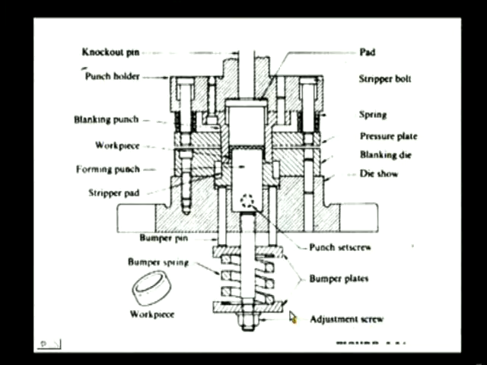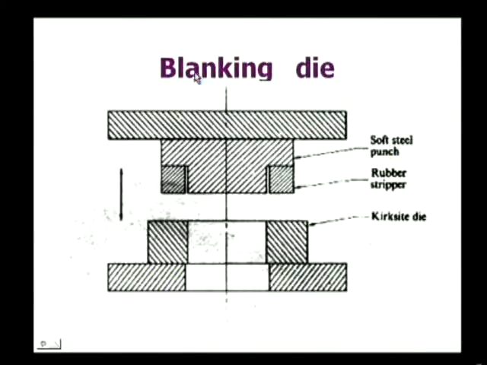The adjustment screw, the die shoe, and the blanking die can be seen here. These blanking dies are used for blanking operations. That blanking operation may be either a cutting operation or a forming operation. In forming operations, special forms can also be formed by blanking dies.